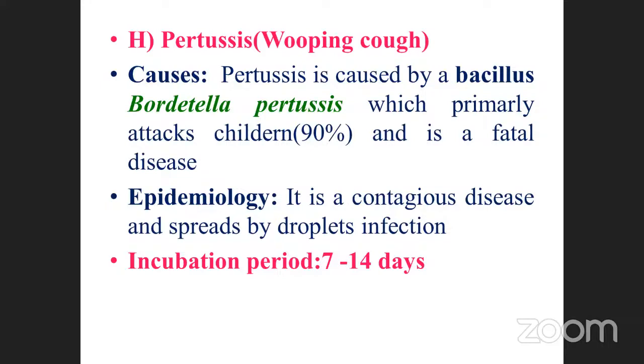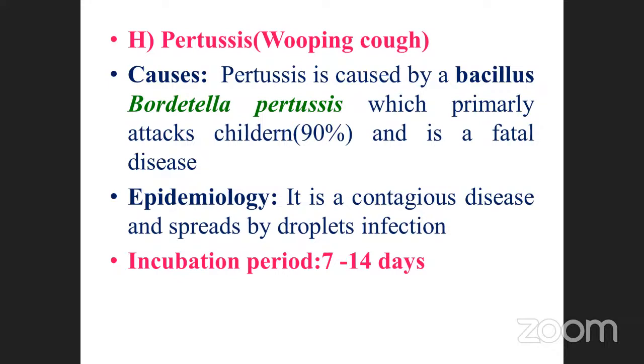Those drops contain so many microorganisms of Bordetella pertussis. Okay, this is very, very important. The incubation period is about 7 to 14 days, only 2 weeks. After the incubation period, the symptom comes out: the coughing.